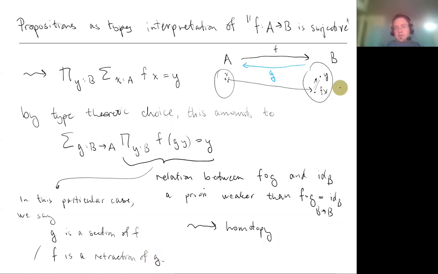And you might think of this as a kind of stronger version of being surjective, and you could call it that f is split surjective. But since this expresses that there is some g that is a section of f, we might also say that this is the type of sections of f. We'll redefine these types later on.